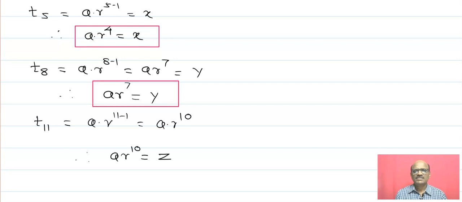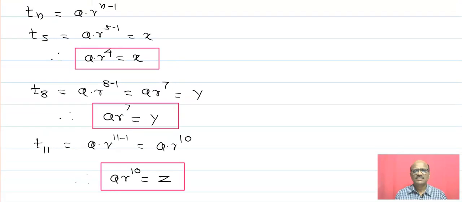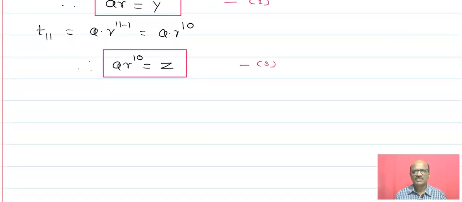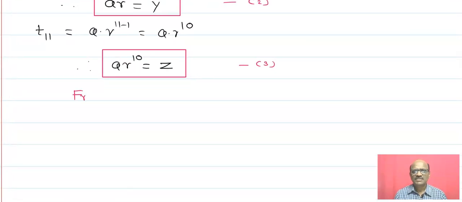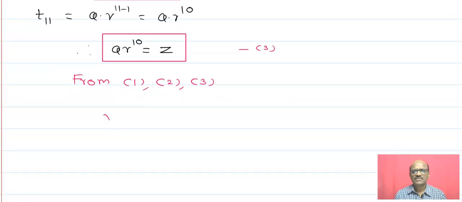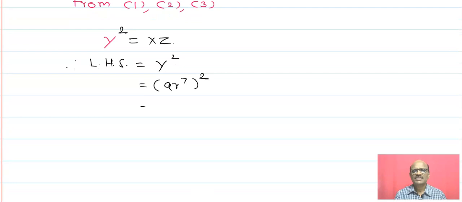That is x, y, and this is z. First, second, and this is the third one. From first, second, and third, y squared is equal to xz. Now see this.